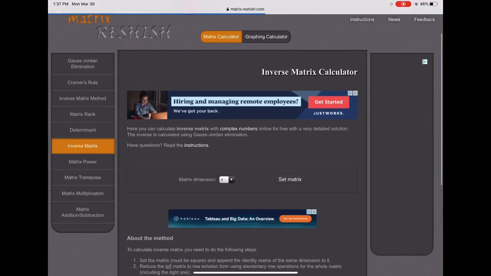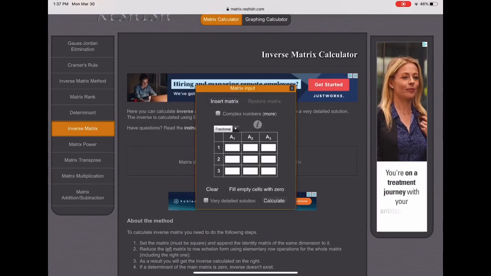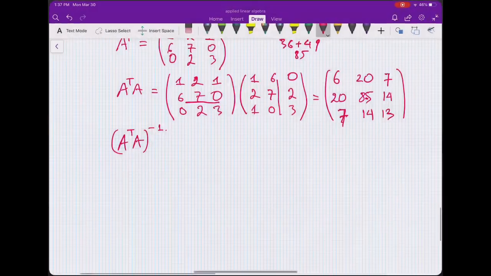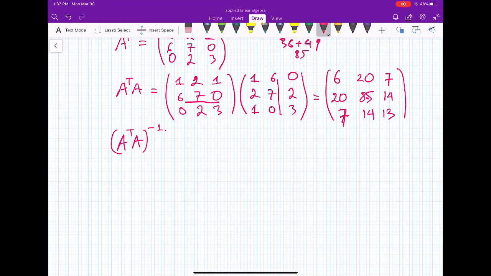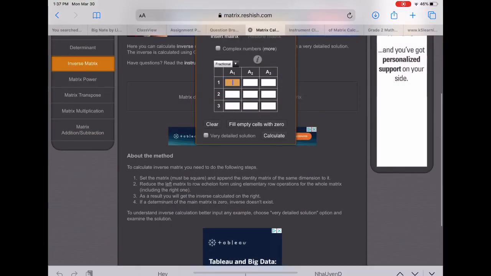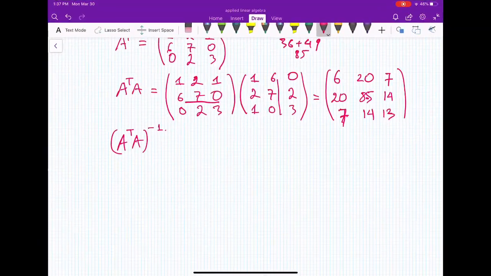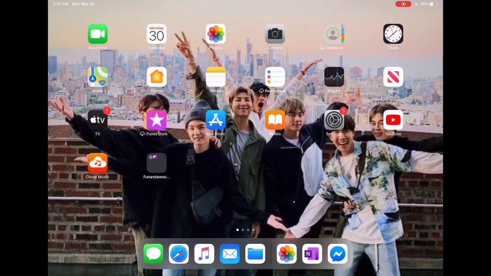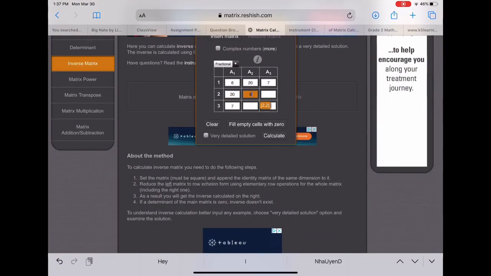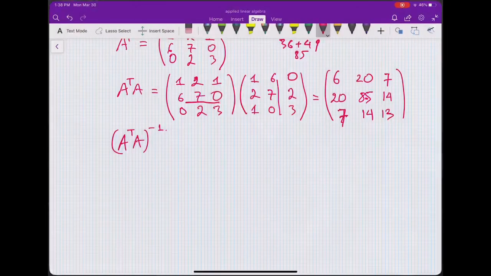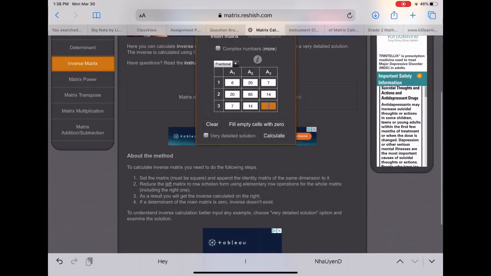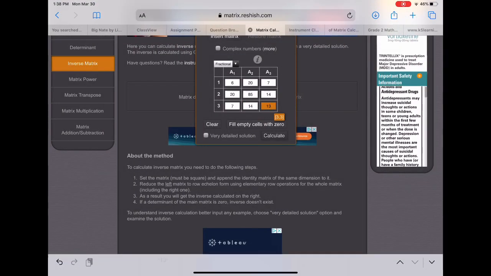Matrix dimension 3 by 3. Set a matrix. Okay, our matrix is 6, 2, 7 in the first row. I have 7 right here. I have 20 right here. And then the next is 85, 14. So I have 14 in here. And then another one is 30, 13. All right. So let's calculate this.